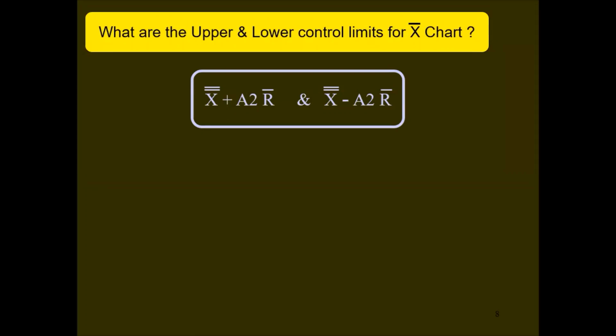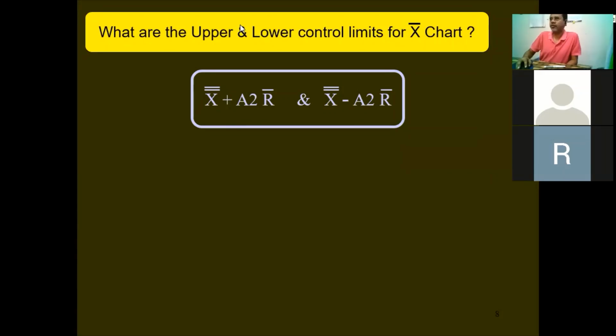We can always call it 0.135 also, since it is inches. You may be right. Kindly wait. So, all got the answers? UCL X bar and LCL X bar. Okay, good.